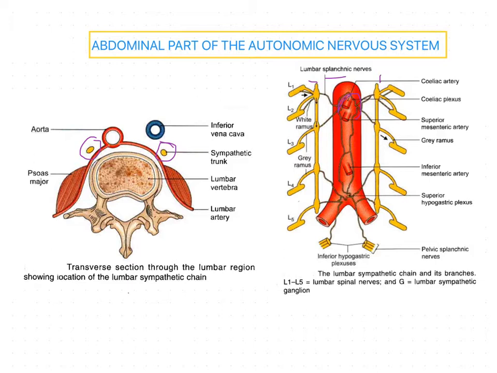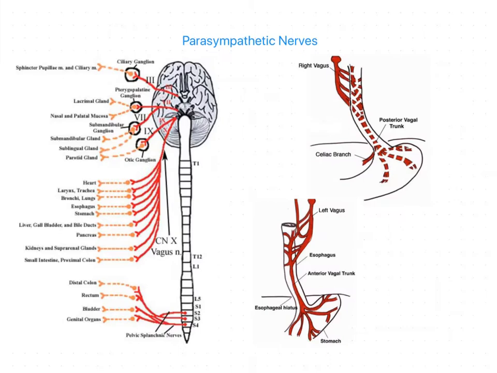And the parasympathetic nerves are derived from two sources. One is the vagus nerve, the 10th cranial nerve. This vagus nerve joins the celiac plexus, that means it gives some branch to the celiac plexus.